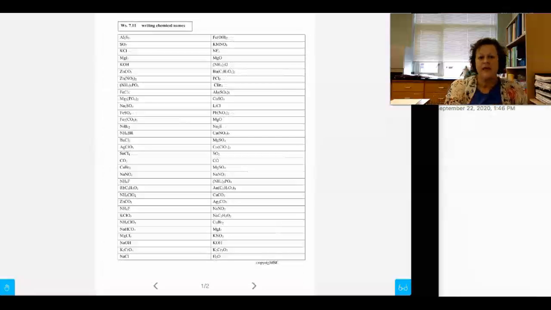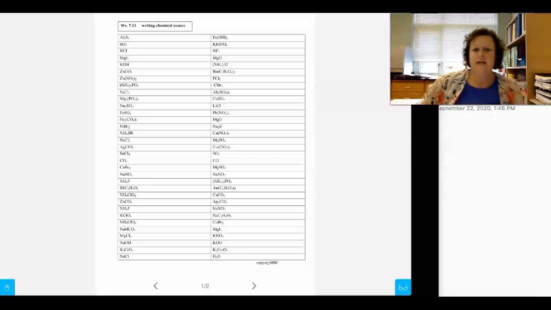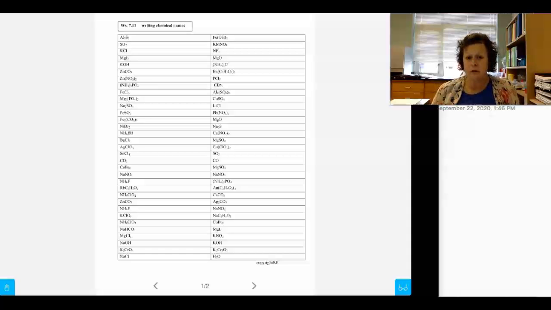All right, let's try 7.11. Okay, guys, so here's 7.11. And this is the last worksheet for the unit. And so in this one, I've given you the formulas and you've got to write the names. And so I think this could be the hardest because you have to determine what type of formula you have. Is the compound ionic?